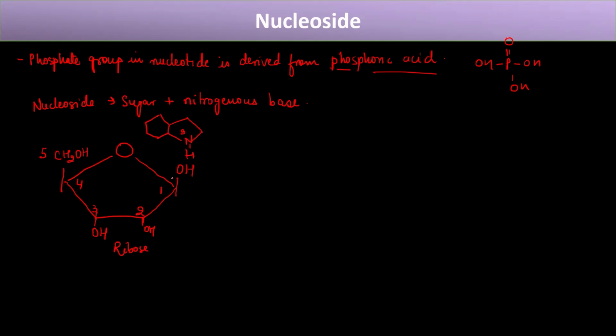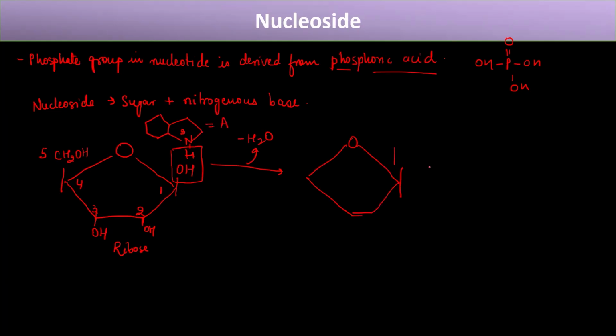Now, this H and this OH will form a bond, and this will cause the release of water. The nucleoside that will form will look like this. Suppose this is adenine.